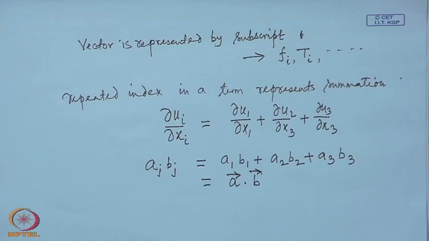We will define two special notations, but before that we should talk about the fact that a vector needs one index, since a vector has 3 components. But there are certain quantities which have more than 3 components. You have already come across stress and strain, which are force per unit area.